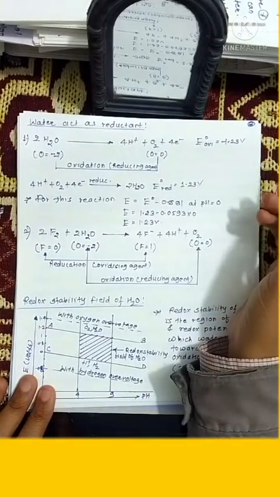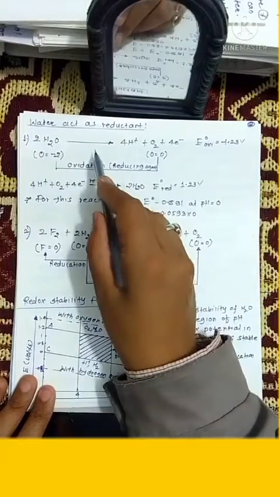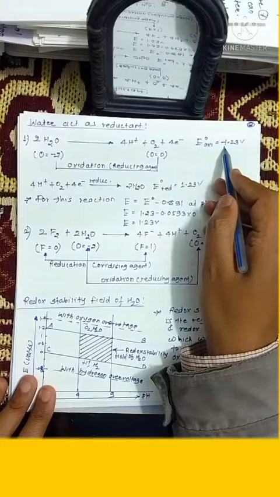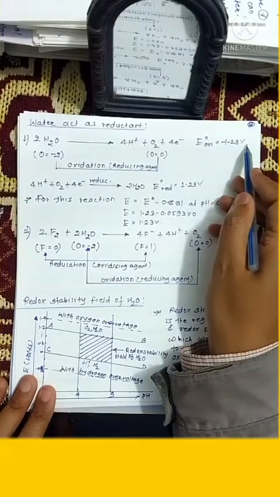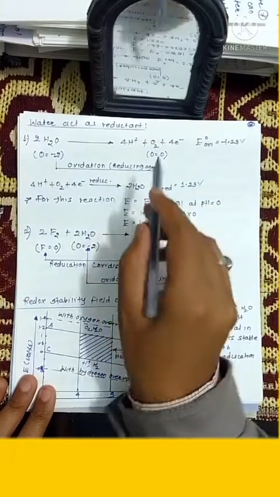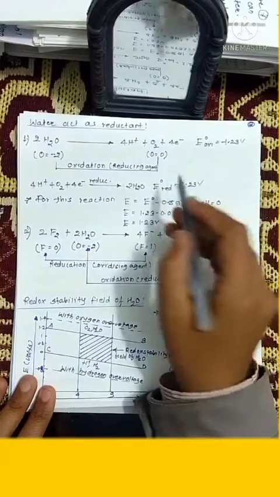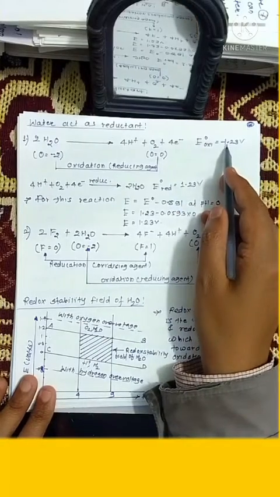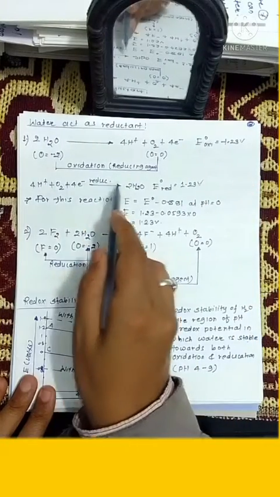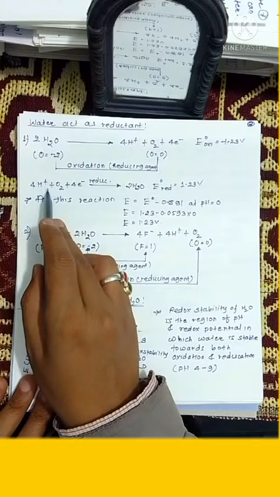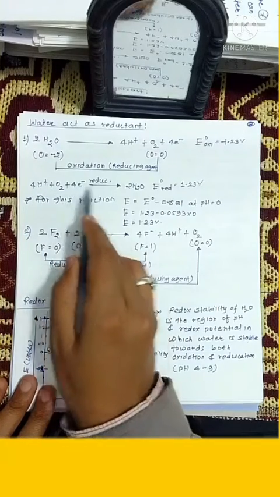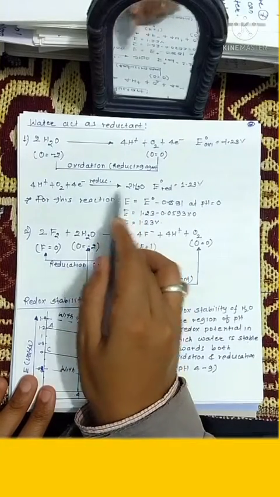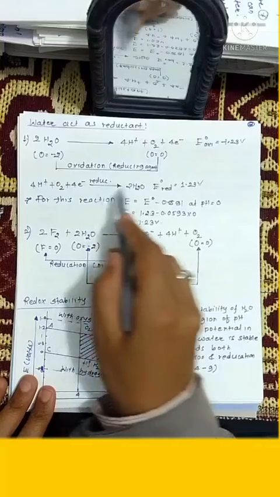So this is the oxidation reaction, that's why the standard oxidation potential is -1.23 volt. Now if we want to write the standard reduction potential of this reaction, just write the inverse reaction: 4H+ plus O2 plus 4 electrons gives 2 water molecules. It is the inverse of the oxidation reaction, so it is a reduction.